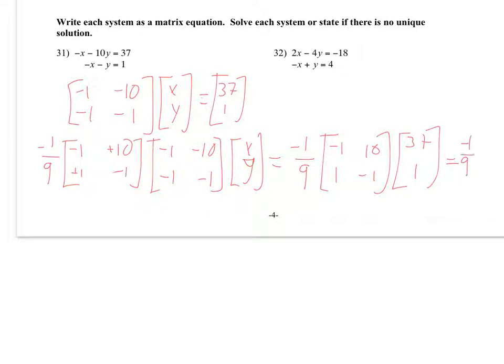And oh look, that comes out nicely. We're going to have 1 times 37 plus negative 1 times 1 is 36. And those numbers come out nice too. That ends up giving us xy is equal to positive 3, negative 4 as a 2 by 1 matrix.